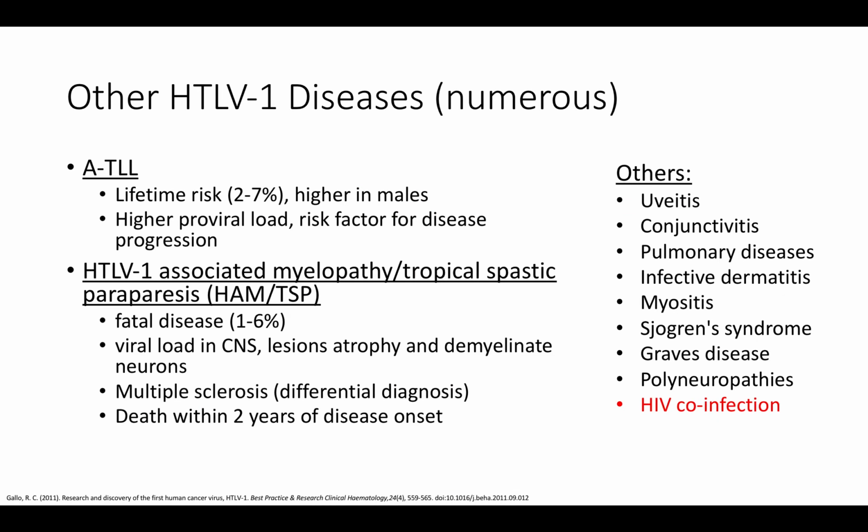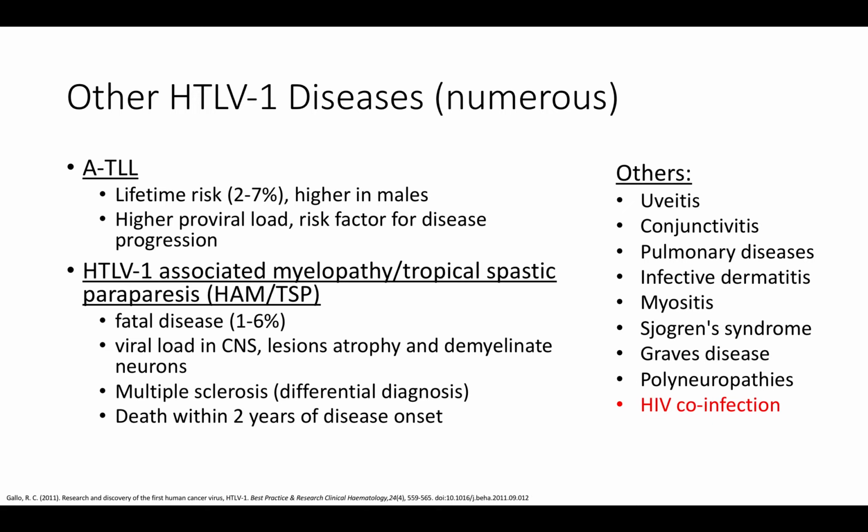And adult T-cell leukemia lymphoma carries a lifetime risk of 2 to 7%, and the 7% is for males, and there's a lower lifetime risk in females. And then another major risk factor is a higher proviral load, which makes sense.